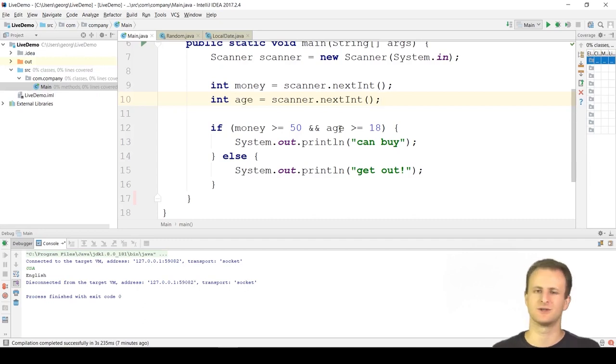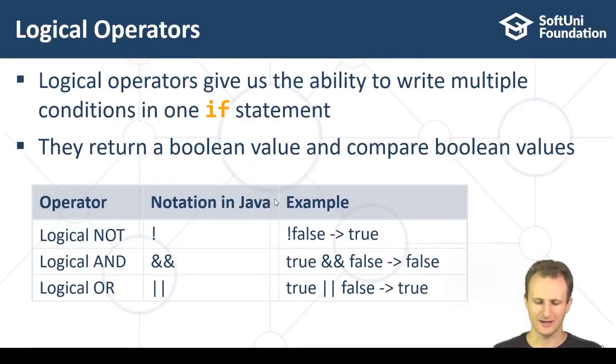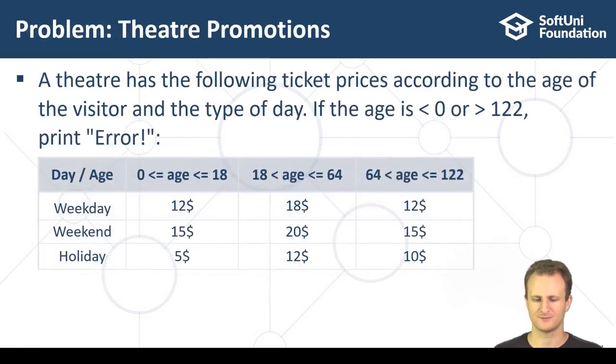So in cases in which either condition suffices, that's when we use the or statement. Okay, and in addition to that, there's also the logical not statement, which just reverses a value. So if a value is true, it reverses it to false.